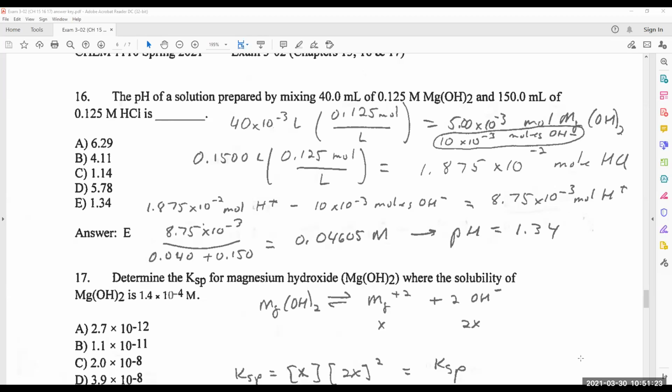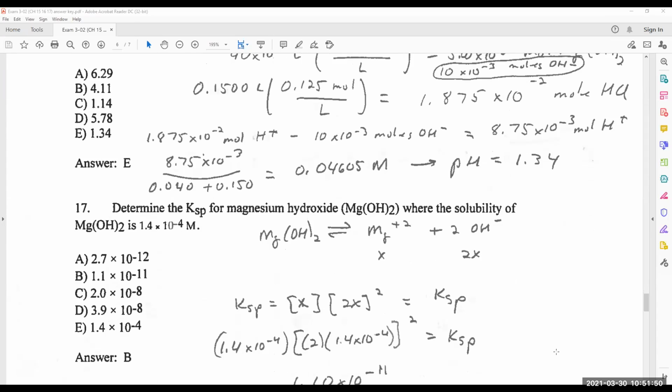We need to work in liters because we want moles per liter. So then it's that number of moles divided by 0.040 plus 0.150 to get total liters. And that comes out to 0.04605 molar. Still not done yet because we wanted it expressed in pH. So we do minus the log of that, and we get a value of 1.34.